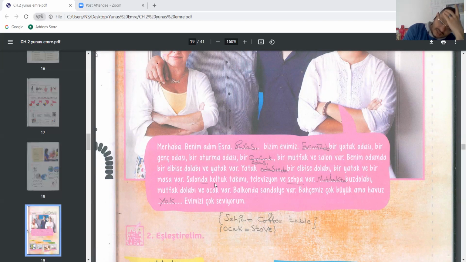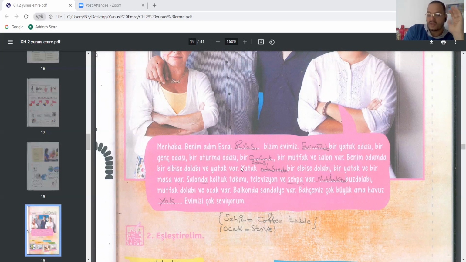Mutfakta, at the kitchen, buzdolabı, fridge. Mutfak dolabı ve ocak var. Ocak, that means the, ocak, not the oven. Mutfak dolabı ve ocak var. Balkonda, at the balcony, outside the room, sandalye var.